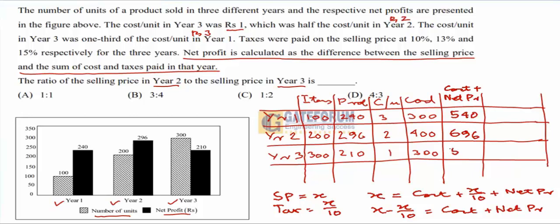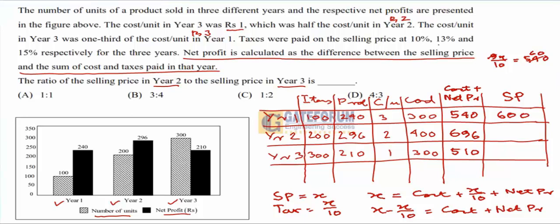And this would be 510. So now we will have to find what is the selling price. For year 1, X minus X by 10, that is 9X by 10, is 540. So X will be 600. So the selling price was 600.